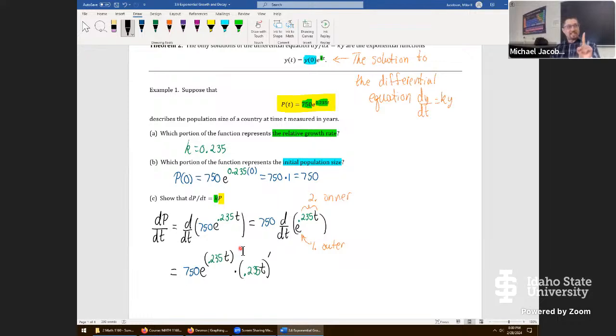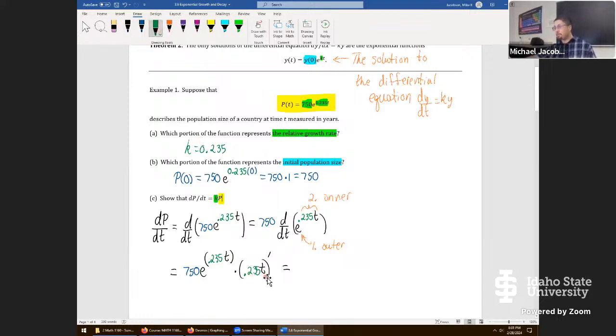Okay, there's one last derivative to take care of, and it's this right here. But that's just a constant times a power 1 power function. You just get a 0.235. Let's also take a look at our goal. Our goal is to get to k times p, and that right there is k, the relative growth rate.